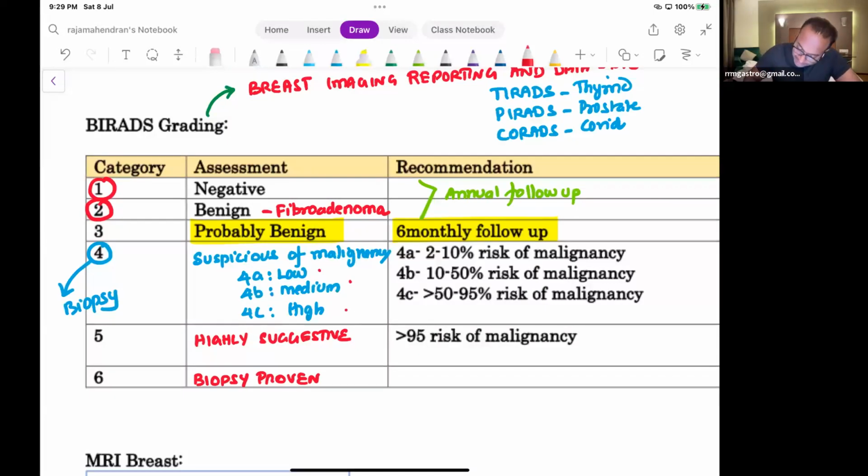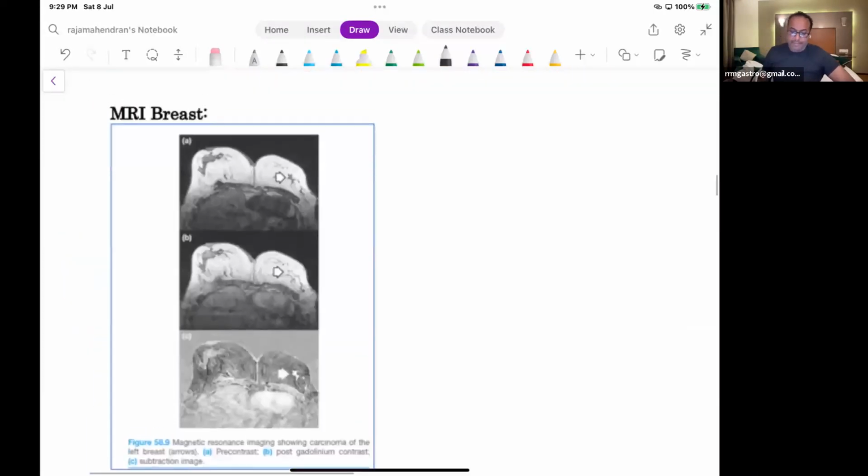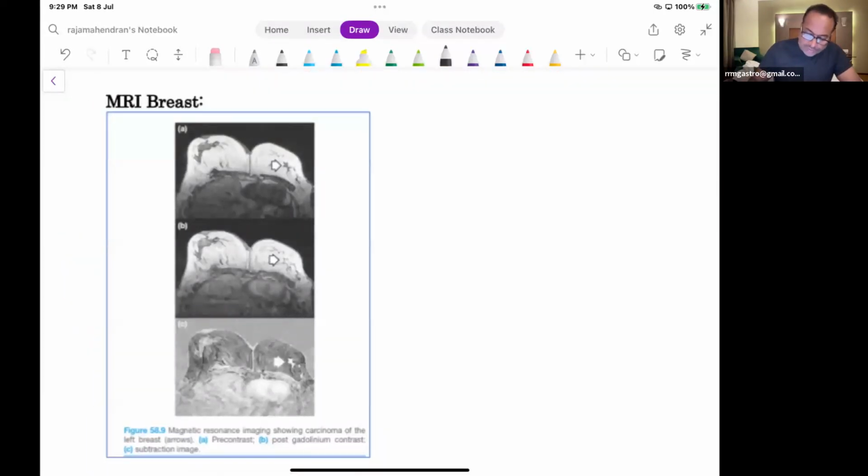For this, you should take biopsy definitely, and accordingly, you can even do surgery also for BIRADS 5. So the question asked in BIRADS is, from which BIRADS onwards biopsy will be advised: 4. From 4 onwards, we should do biopsy. These are very important questions for next-level exams. This is what will come in the next exam.